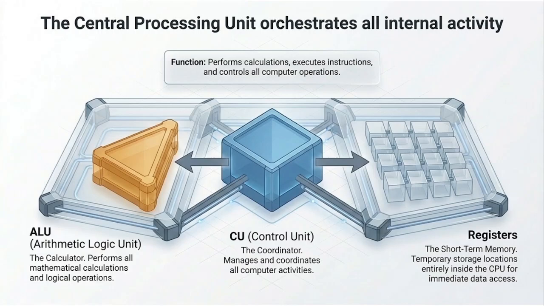It also has the control unit, which coordinates all operations in your computer. It has the registers, which store temporary data. I want to assure you, without the CPU, a computer cannot function. It is literally like having a human being without the brain.